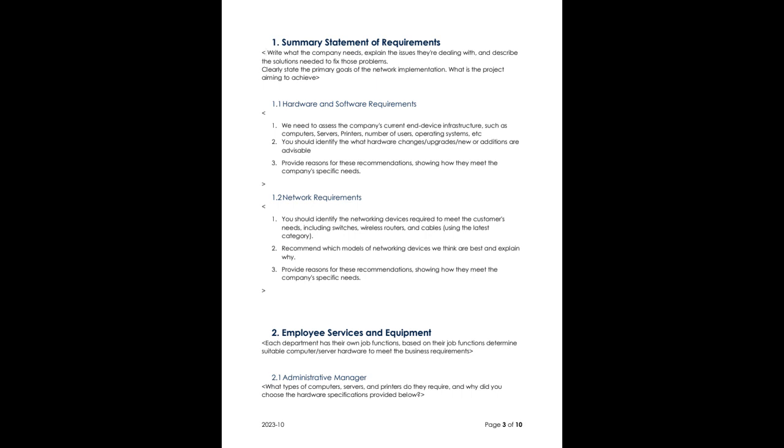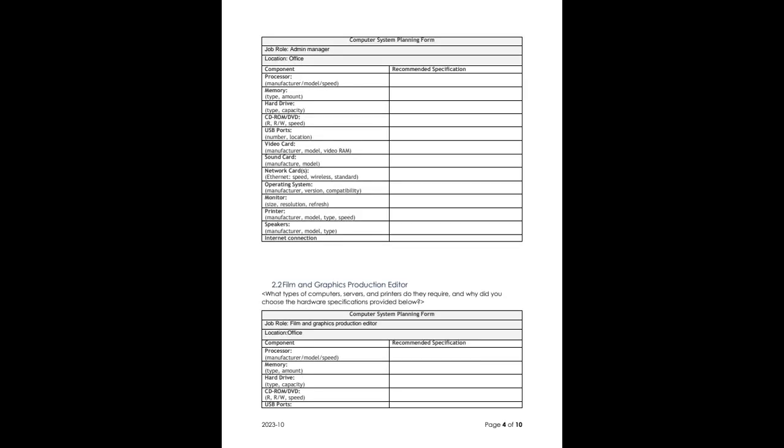The summary statement of requirements should have the hardware and software requirements, network requirements, switches, wireless access point, routers. This is the table where you put the information.